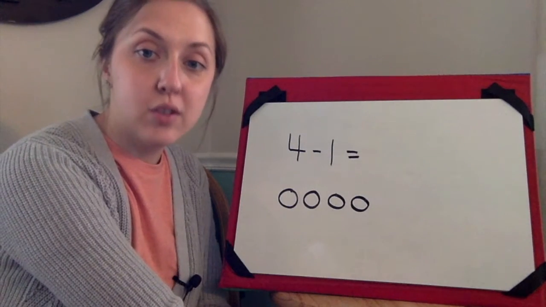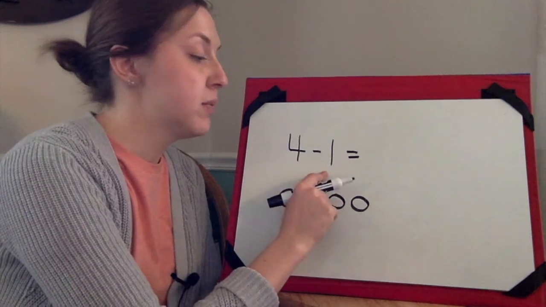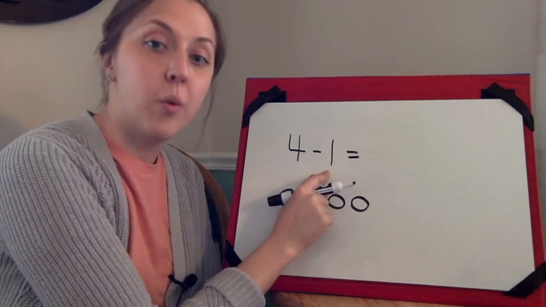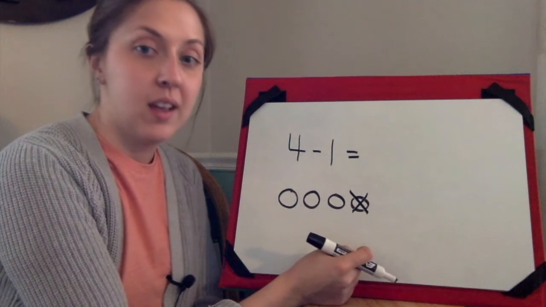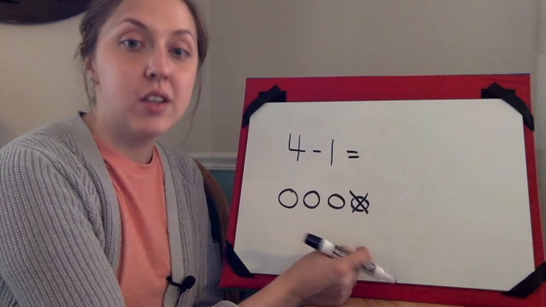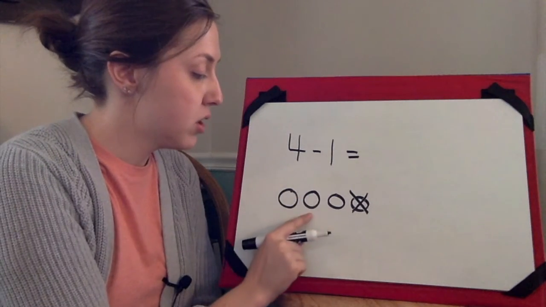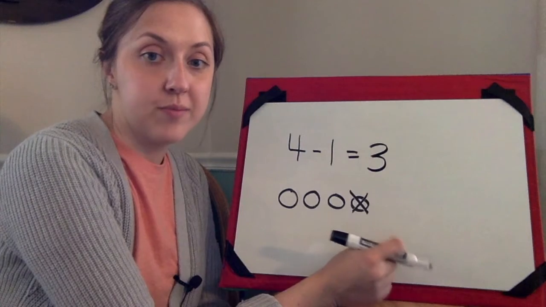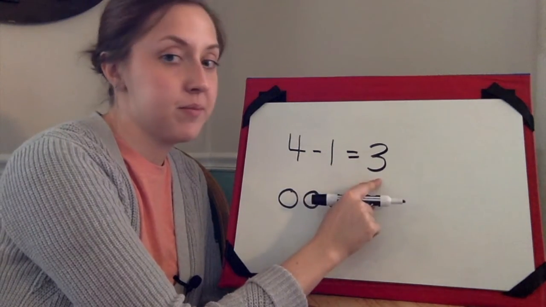Now, how many circles am I going to take away? You're right. 1 is my next number. It says minus 1. So I'm going to take away 1 circle. Now, for my answer, I need to know how many are left that do not have an X on it. 1, 2, 3. So I'm going to put a 3 over here. 4 minus 1 equals 3.